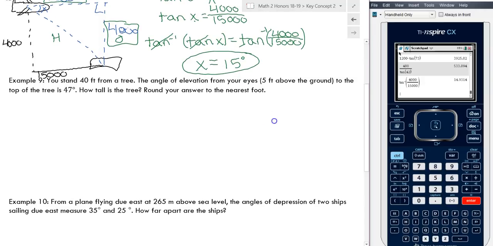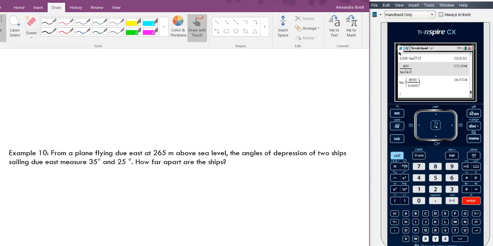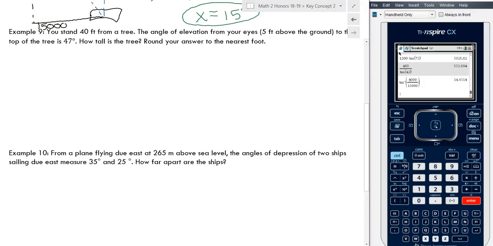Example 9 and 10 are still trig equation problems, but they add something else to it. Okay? So you stand 40 feet from a tree. The angle of elevation from your eyes, which are 5 feet above the ground, to the top of the tree is 47 degrees. How tall is the tree?